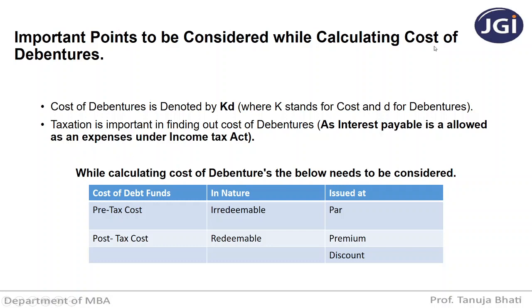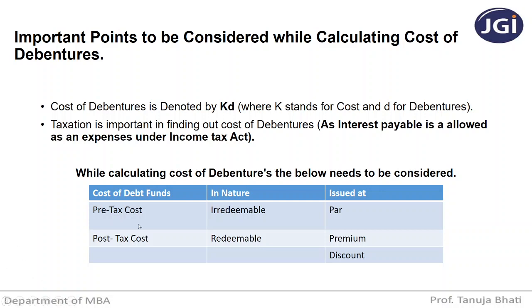So here cost of debentures is also going to give us the tax benefit. Next, while calculating cost of debentures, the below needs to be considered. I am just telling you all the prerequisites before we start solving the sums.